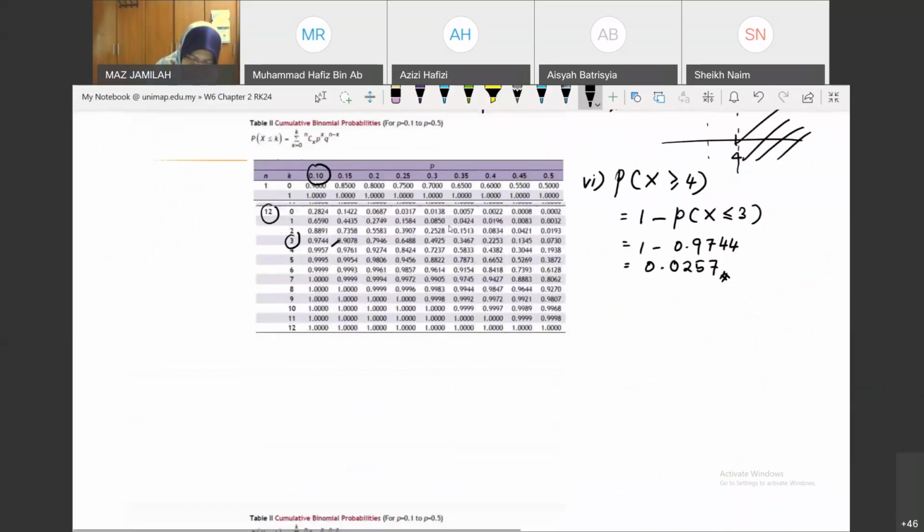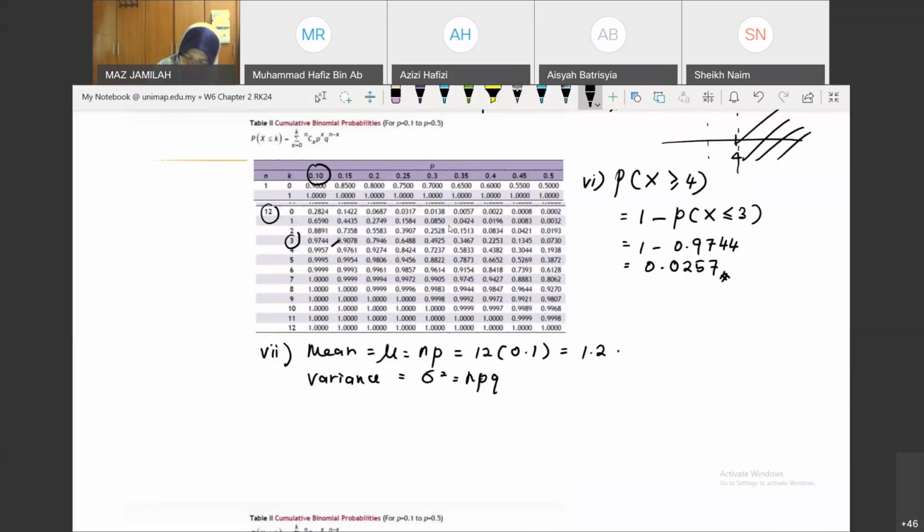The mean is simply n multiplied by p; n is 12, p is 0.1, so you will get 1.2. The variance, sigma squared, is npq, so 12 times 0.1 times 0.9 is 1.08. So the standard deviation is the square root of 1.08, which is 1.04.